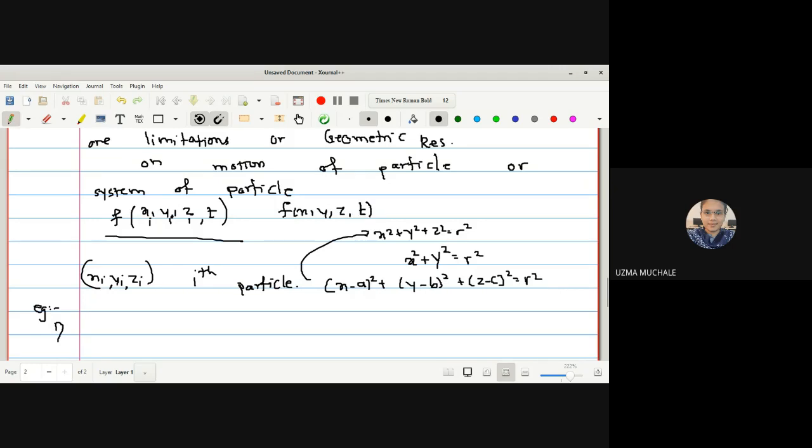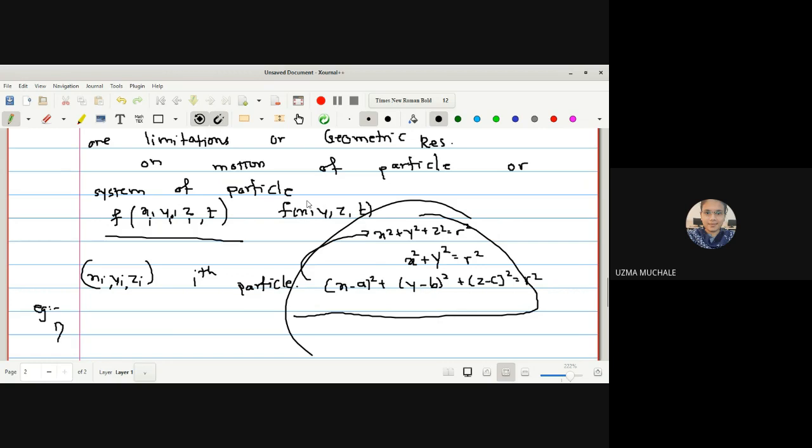In general, for the motion of a particle, time is also considered. So these equations can be written in terms of some function, f of x, y, z and t.